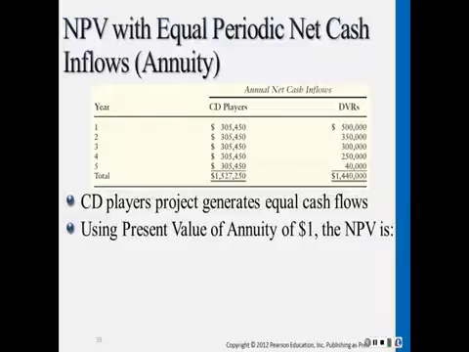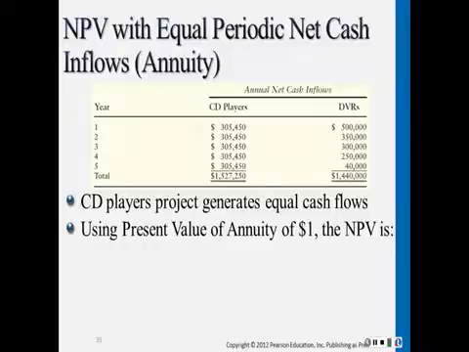Because these cash inflows are equal in amount and occur every year, they are an annuity. Therefore, we use the present value of annuity of $1 table, that's Appendix B, Table B2, to find the appropriate annuity present value factor for I equals 14% and N equals 5.